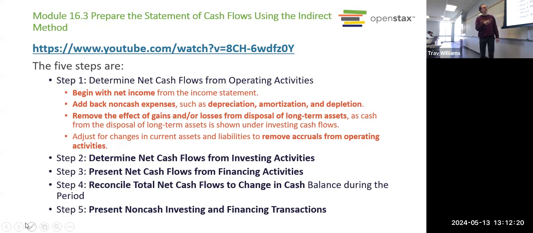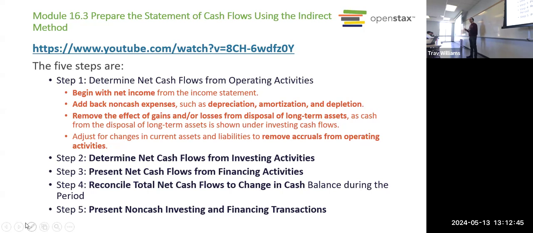And same thing with gains or losses. Those we need to get out of the operating section because they belong in a different section. Who remembers, if you sold an asset that wasn't a product, so you sold some other asset, whether you made money or lost money on it, where would you record that?